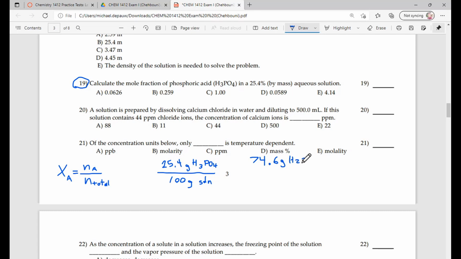So let's go ahead and calculate the moles of water using the molar mass. Water's molar mass is about 18, or if you're really nerdy, you can use 18.02. You used 18.02, didn't you?